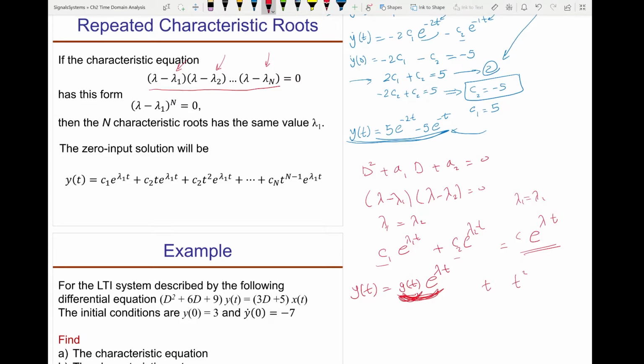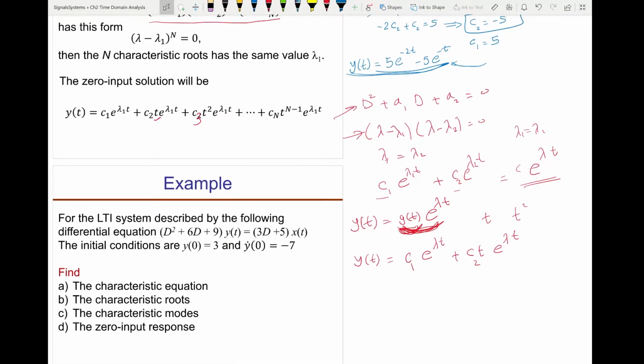And we did that in differential equations. It's out of the scope of this course, but in general, for repeated roots, you will always find the t. So if it's a second order, like this case, and it's a repeated root, then the solution will be y of t equals C1 e to the lambda t plus C2 t e to the lambda t. And this is C1 and this is C2.